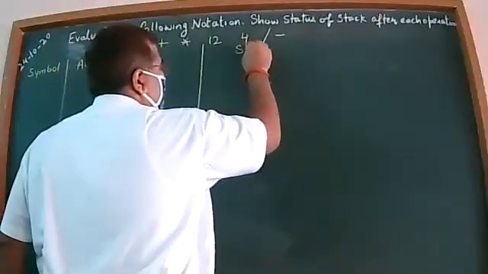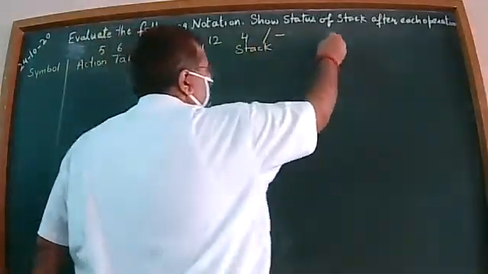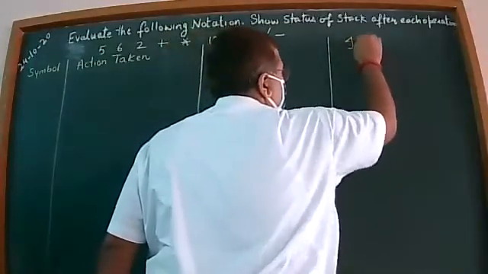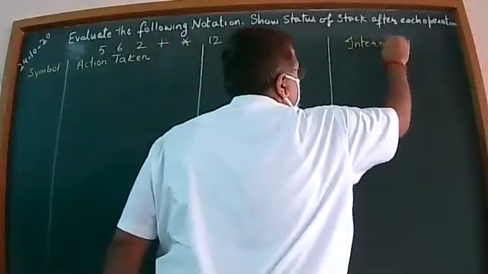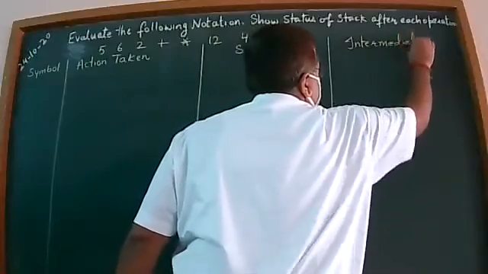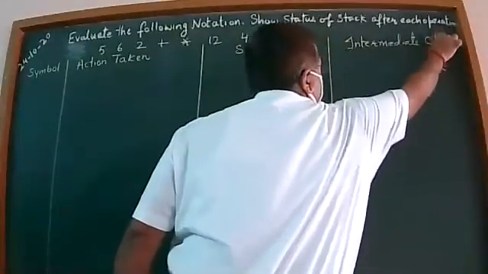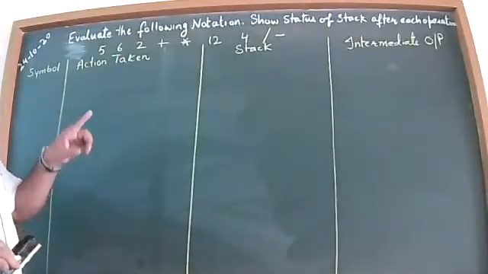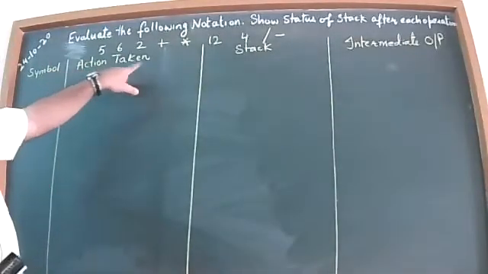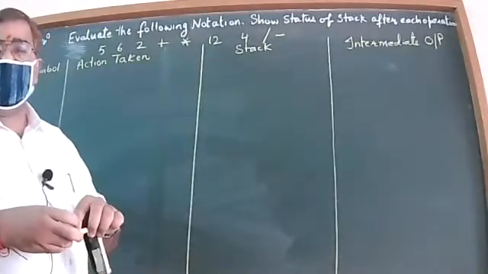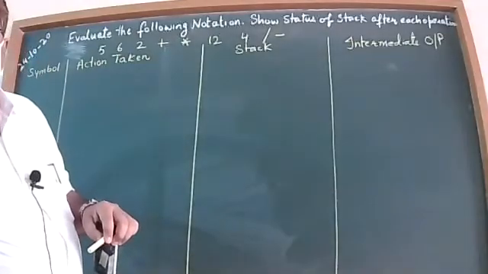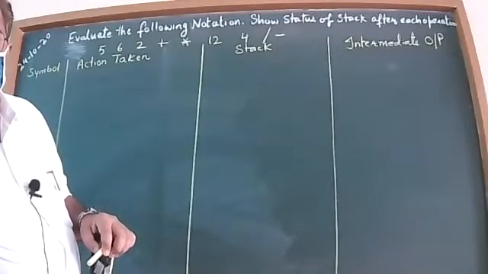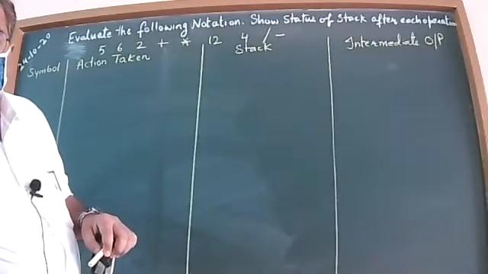Next will be stack. And the last column will be intermediate output. So your columns will be symbol, action taken, stack, intermediate output. These are the columns that you have to draw in the case of an evaluation question.